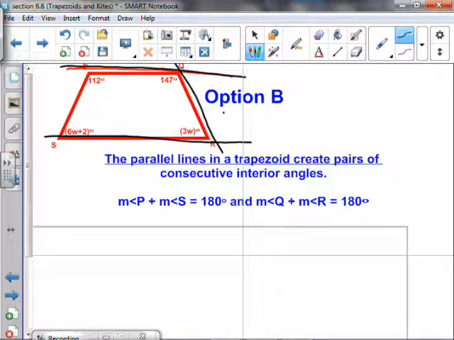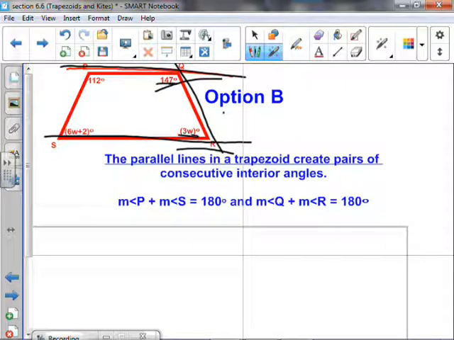I know this angle and this angle, just from looking at the picture, are consecutive interior angles, so you know they must add up to 180. So the measure of angle Q plus the measure of angle R must give you 180.